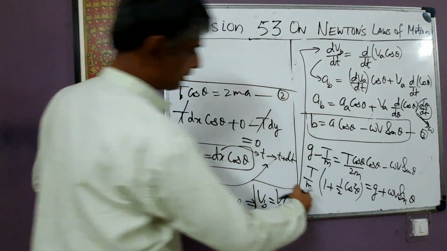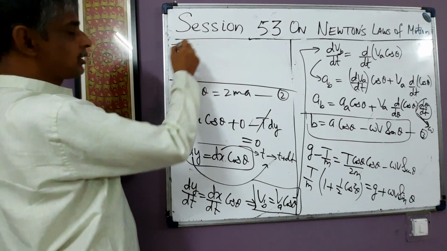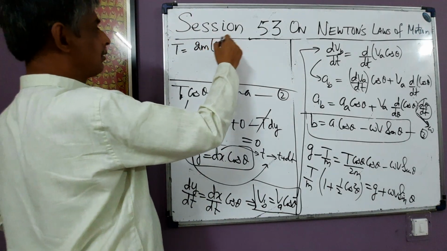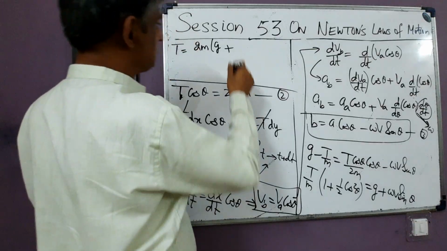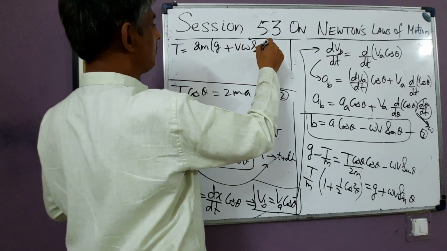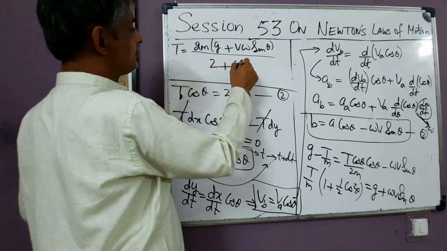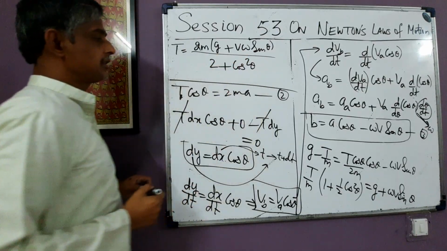So I substitute here T by M. I solve this. So T becomes how much? T becomes 2M into G plus V omega sin theta by 2 plus cos square theta, this T.